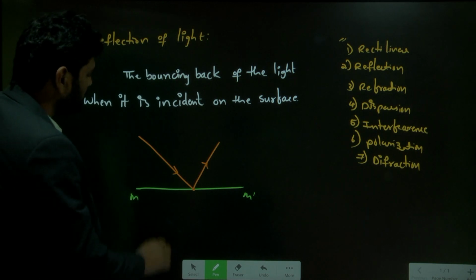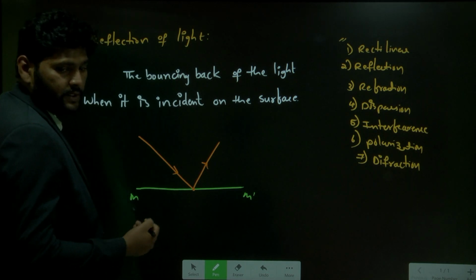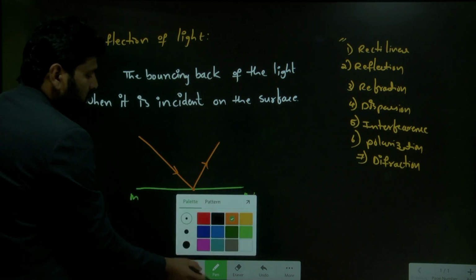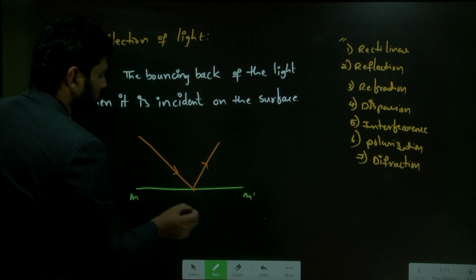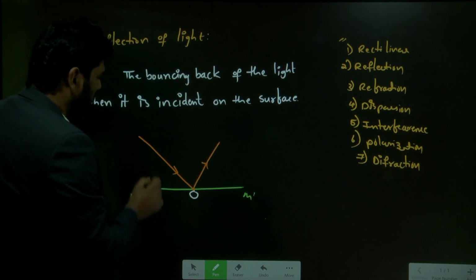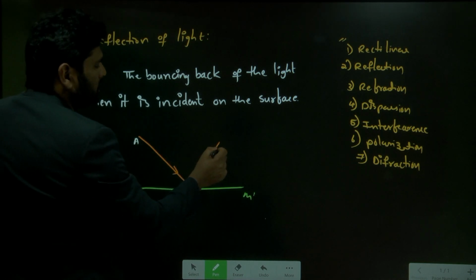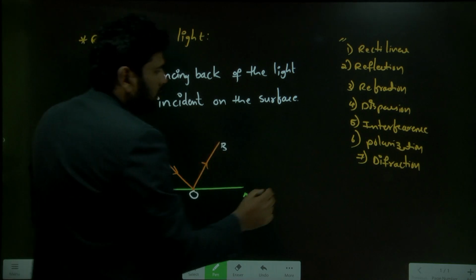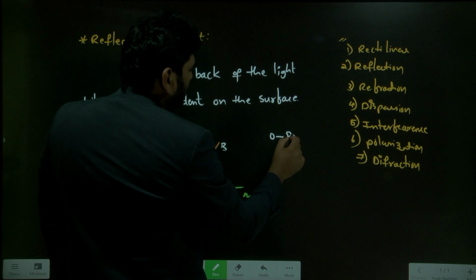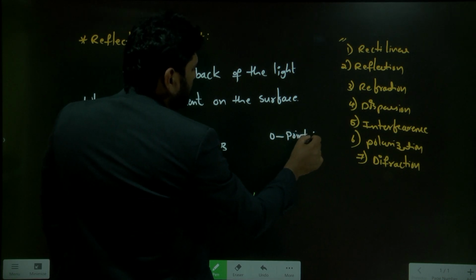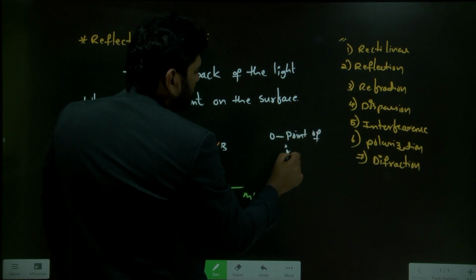Let us give names to these light rays. You can take these points as A, O, and B. O is the point of incident.